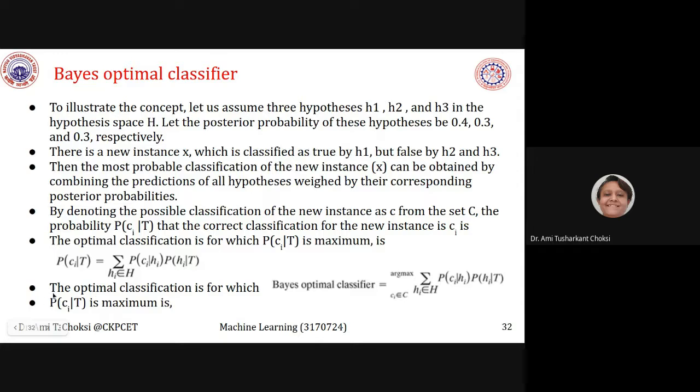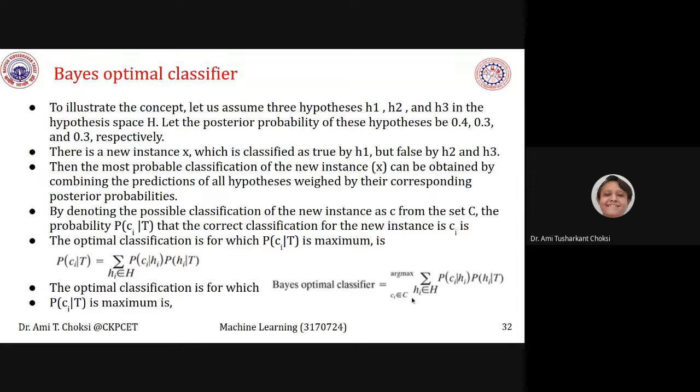Then after, what do we say? The Bayes optimal classifier is equal to argmax of sigma. Addition we have to do. First we are doing the product here, and then we are doing the summation of all such probabilities, isn't it? So here the Bayes optimal classifier will be equal to argmax of the term we have considered here, right?